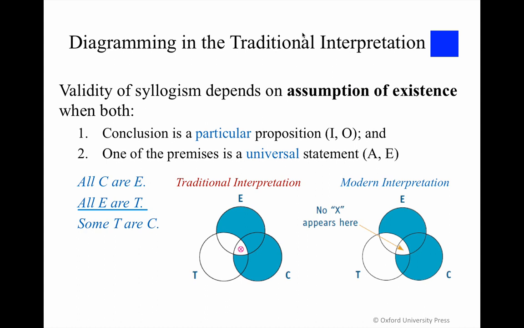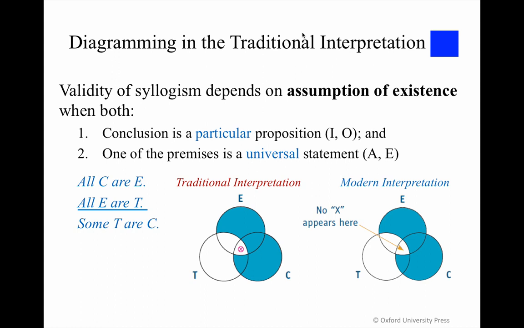Okay, we know when we diagram a universal claim on the traditional interpretation of the universal, we assume a member of the subject class exists. So take a look at the left and the right diagrams.